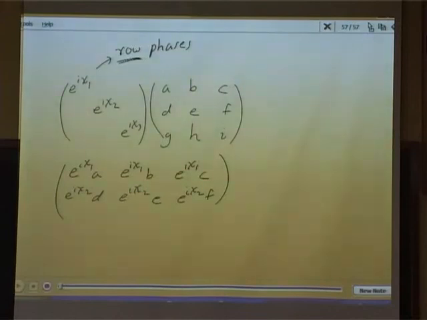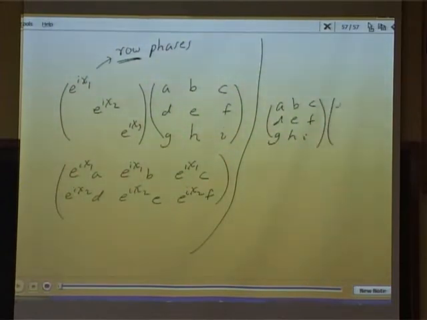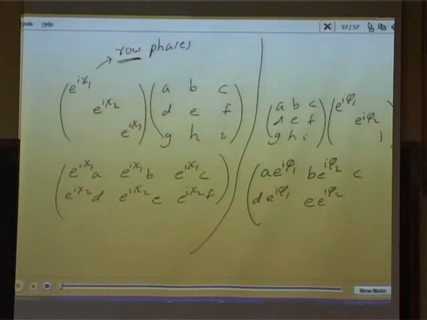Similarly, if I have on the right hand side e power i phi1, e power i phi2, 1, then I have e power i phi1 times a, e power i phi2 times b, c, and so on.